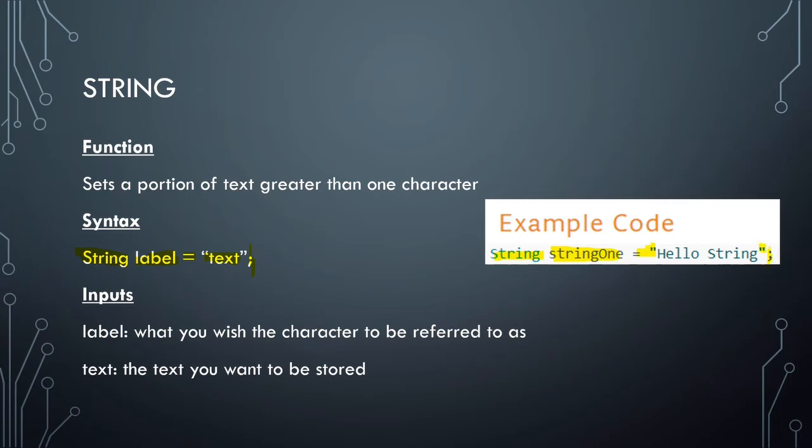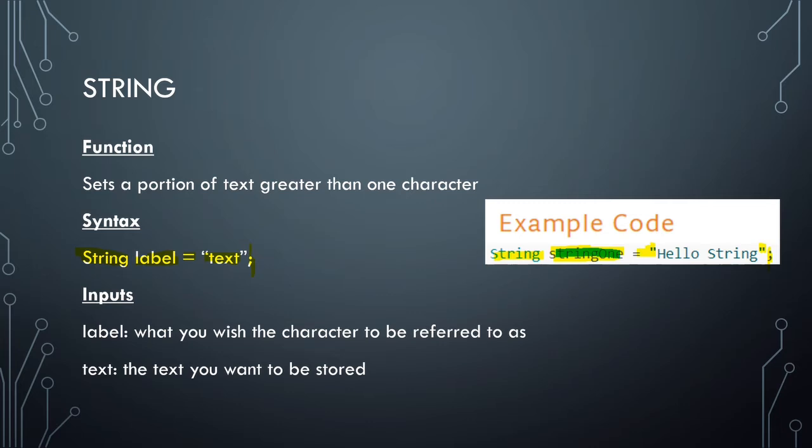So anywhere later on in our code where we call out string1, we use this notation here. It is going to recall that this is equal to hello string. So if we asked our microcontroller to print the phrase attached to string1, it would go in and print whatever this was set to.